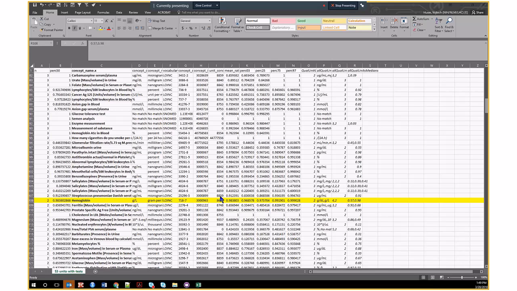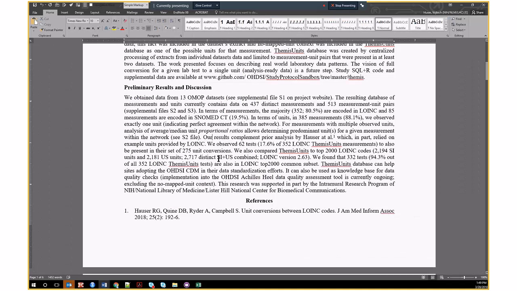I'm going to switch to some of the other results which were in the submitted abstract. In the submitted abstract, we try to show how many units were in SNOMED and in LOINC. We also compared the results to 2 resources.